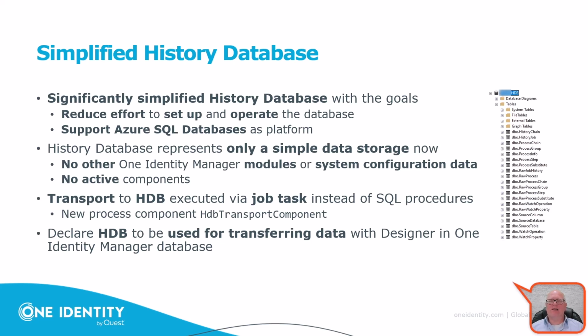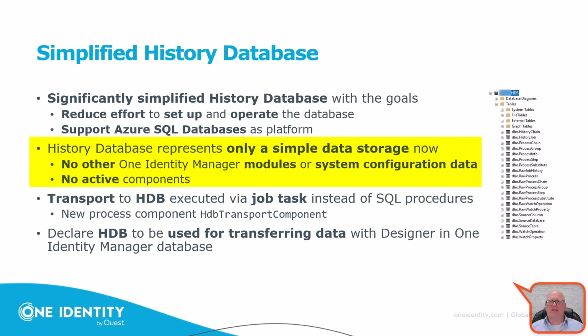This was completely reviewed and improved, so it is much faster now, of course. And as you can easily see, it supports the Azure SQL databases right now. To do so, it was important that the whole thing was simplified on the one hand, and all functionality in the history database was moved out.